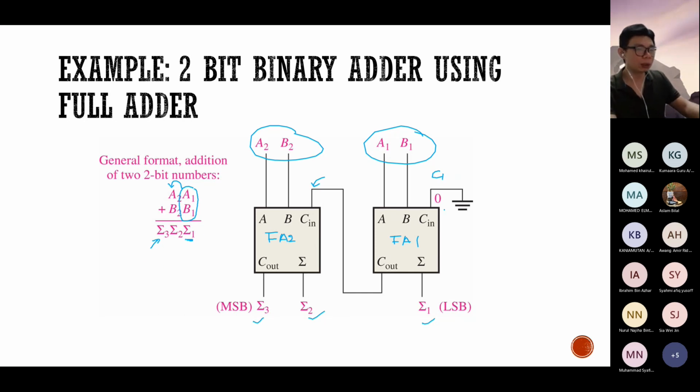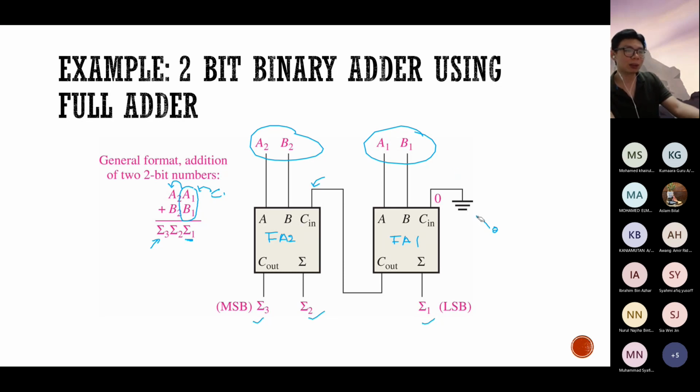One thing you might notice is that if you're doing the lab, you want to connect this to ground. Because in the first column, is there any carry input? There's no carry input. But in a full adder, you have this carry in. Ground represents 0. If you don't connect this to ground, sometimes this value can be 1.